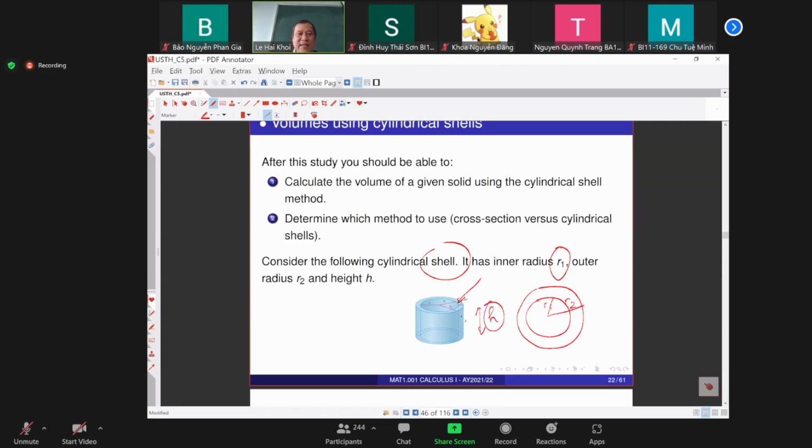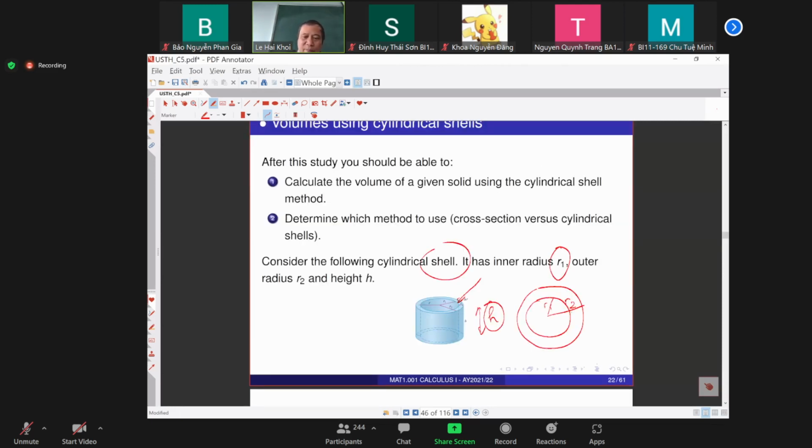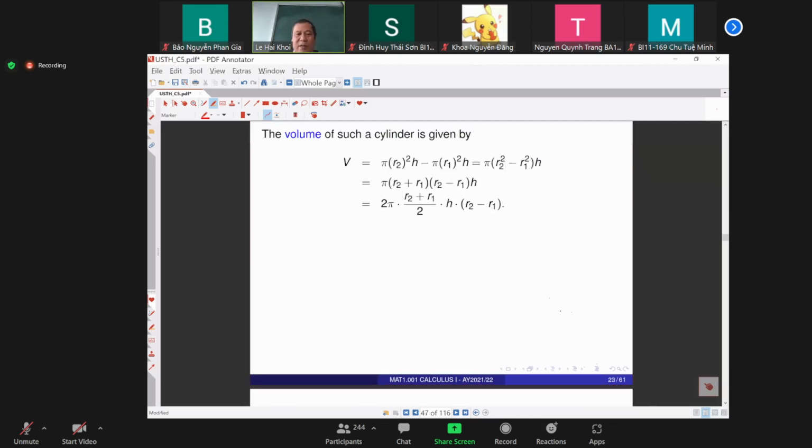So in this case, volume is what? You take the bigger volume, subtract the smaller volume, then you get this one, right? This cylindrical cell. A bigger volume is, you see, area pi R2 square, right?